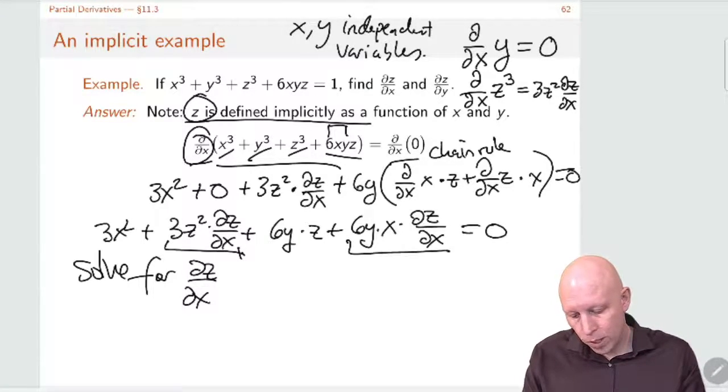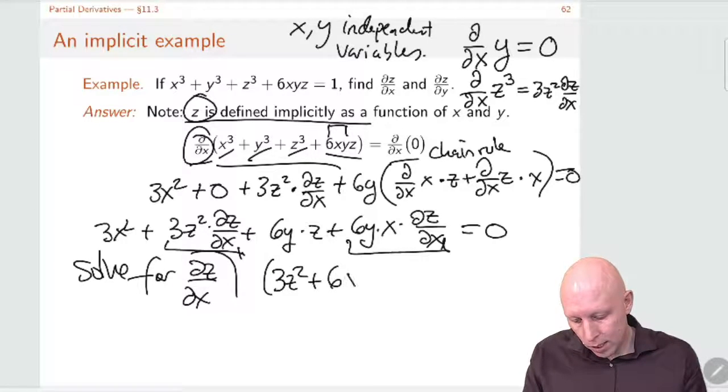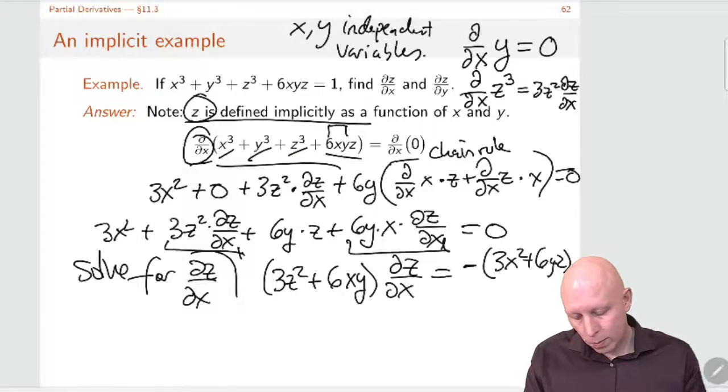So we'll keep these terms on the left-hand side, bring the others to the right-hand side. So what do we get? We get 3z squared plus 6xy times del z del x is equal to negative 3x squared plus 6yz.